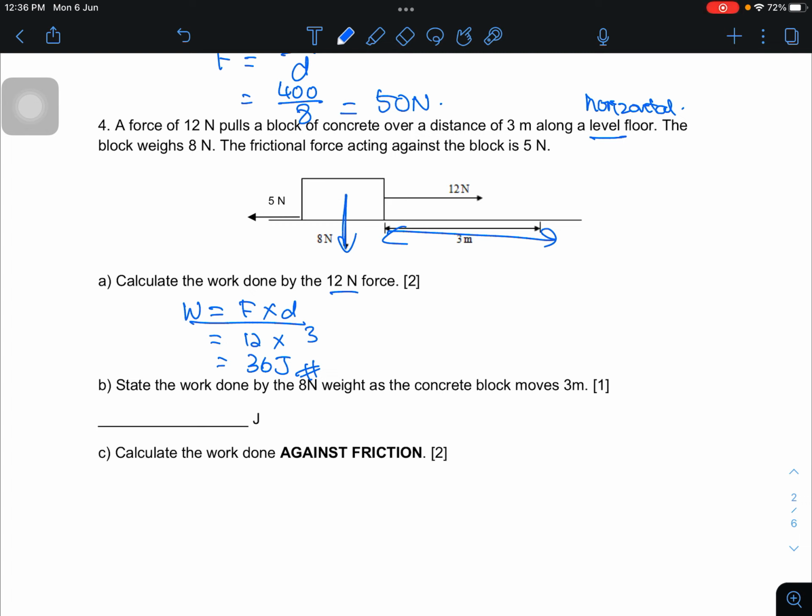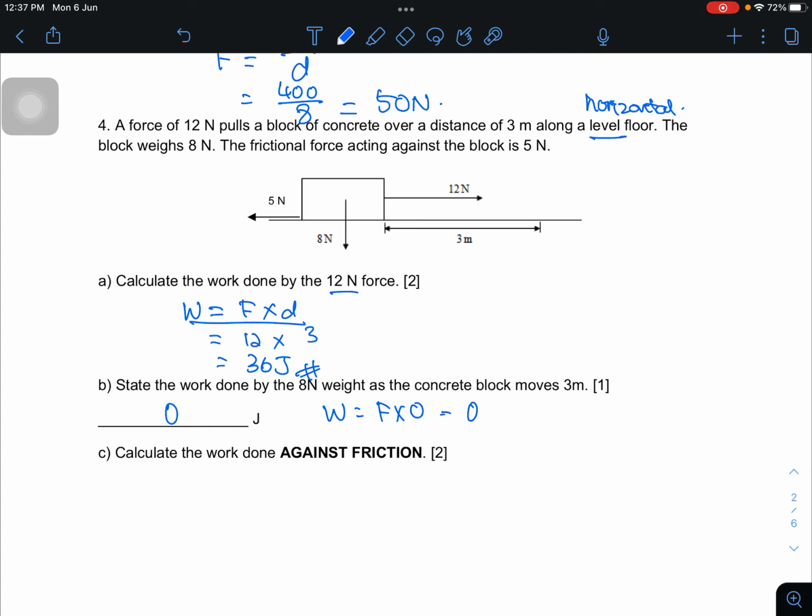The direction of the force in this case is vertical. Did the box drop? No. Since the box did not drop, technically speaking, the distance moved in the direction of the force is 0. So work done equals force times 0. Therefore, 0. This is understanding the question in a very conceptual approach.